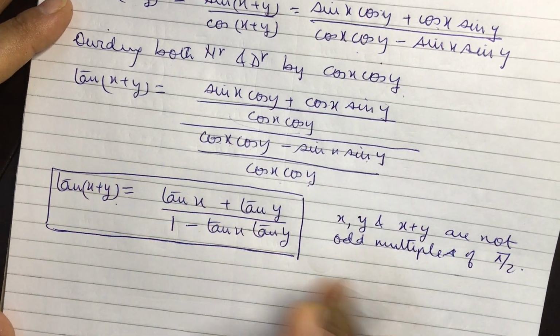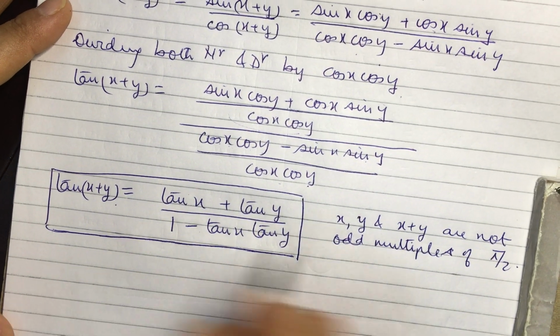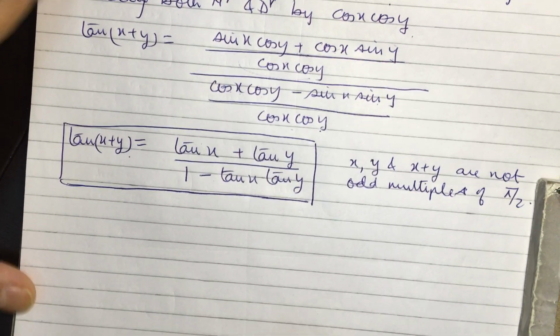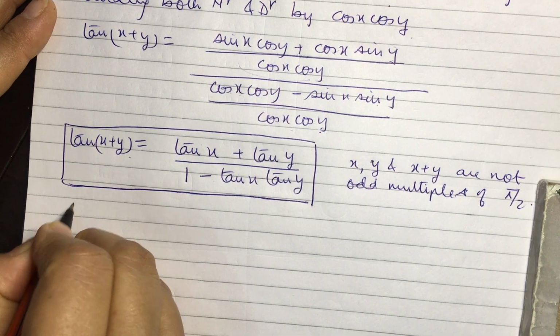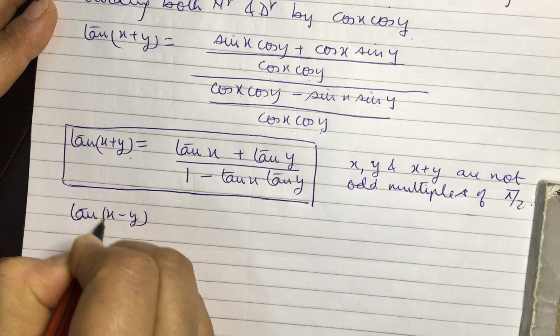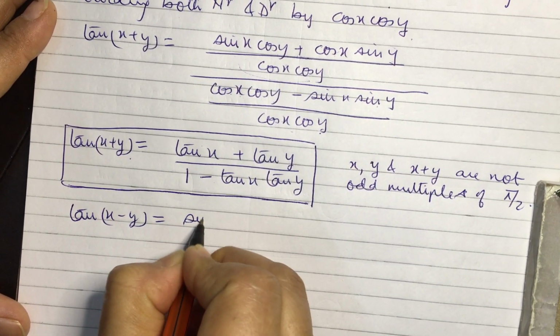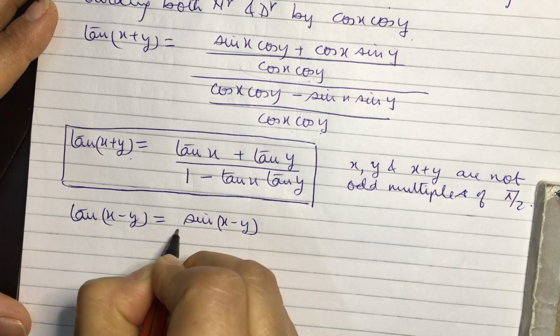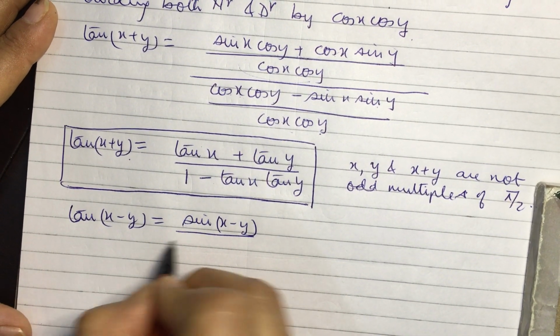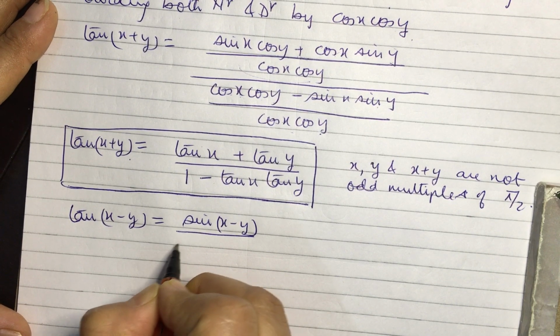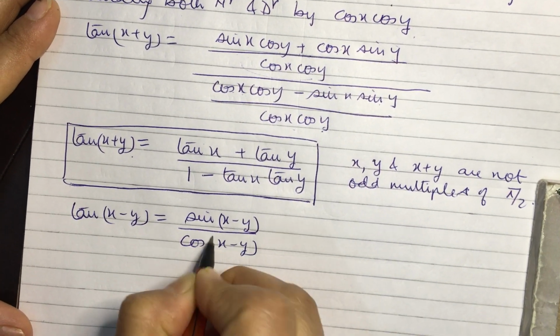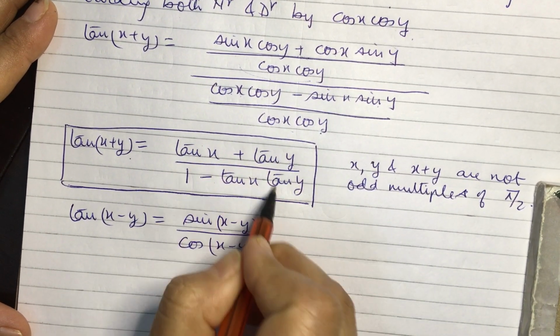Now, the next result is for tan of x minus y, which we will do exactly on the same lines. So, tan of x minus y, we will write as sin of x minus y upon cos of x minus y, though we can find it from this result also.